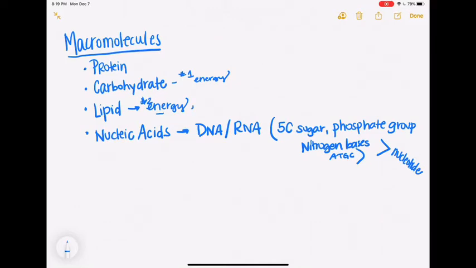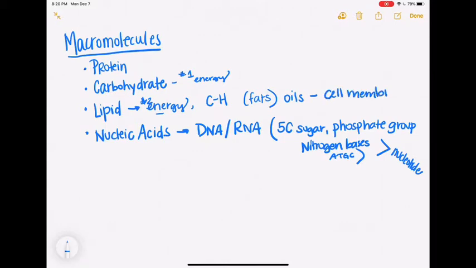Lipids are made up of lots of carbons and hydrogens, okay? Lipids are sometimes known as fats. When you think of foods that have a lot of fat in them, or things that are like oils, those are lipids.